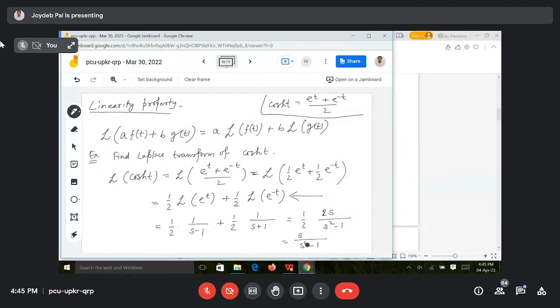Now if it is cos hyperbolic at, meaning t is multiplied by a, then the formula will be e to the power at plus e to the power minus at divided by 2. Then everywhere it will be at, right? Then ultimately it will be 1 by 2 times 1 by s minus a plus 1 by 2 times 1 by s plus a, and ultimately it will be s by s square minus a square.